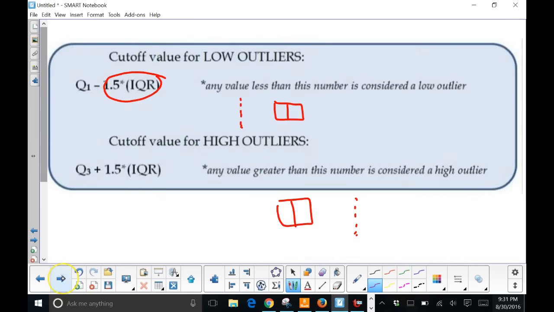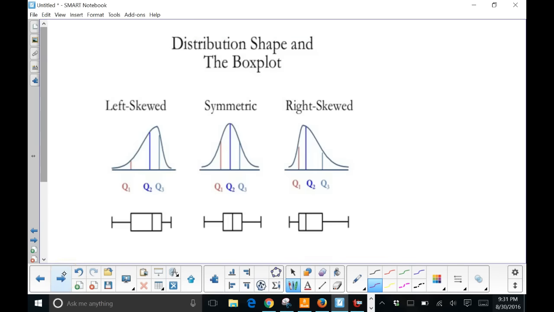Now, a quick discussion of shape of box plots. There's been a lot of talk on the AP exam about the idea that it's really hard to get shape from a box plot. The first thing I want to point out is that the middle 50% can tell you kind of which direction it's skewed. If you look at this left skewed distribution here, you can see the upper quartile here is 25% of the data in a smaller area than the lower half, which means it's going to be skewed to the left.